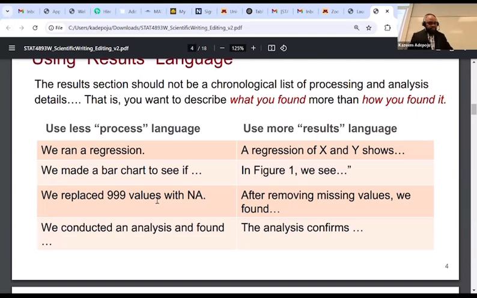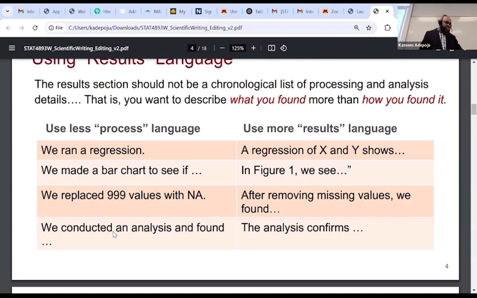Okay, now another one, and I know this is very, very common, where somebody is going to say "we conducted an analysis and found." Even though that's okay, that's process language. That is trying to tell us how you found it.